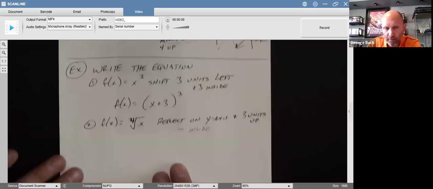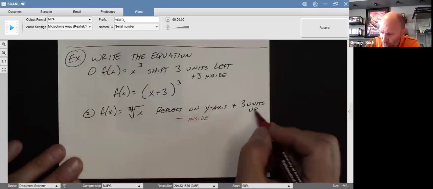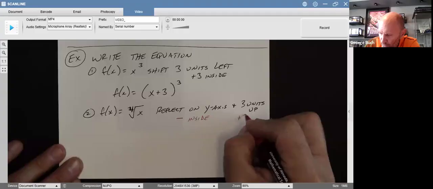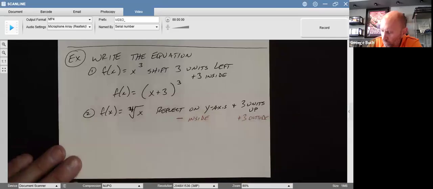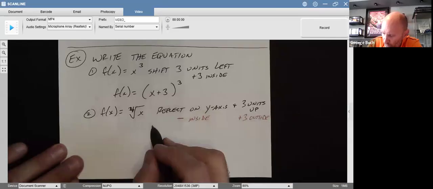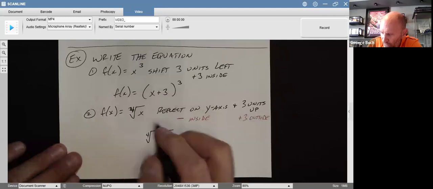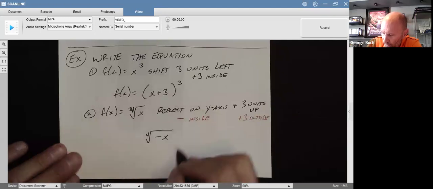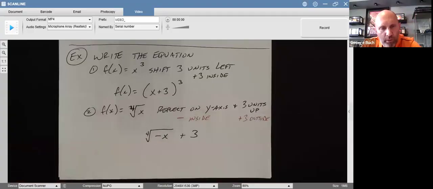If I have a negative inside, that's reflect on the y-axis. And then 3 units up is a vertical shift, so that's going to be a plus 3 outside. So I have the fourth root, negative on the inside, so minus x, and then plus 3 on the outside. That's how we would write the fourth root of x reflected on the y-axis and 3 units up. That's the equation that we would get.